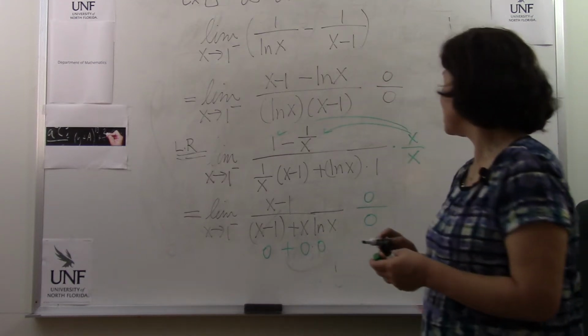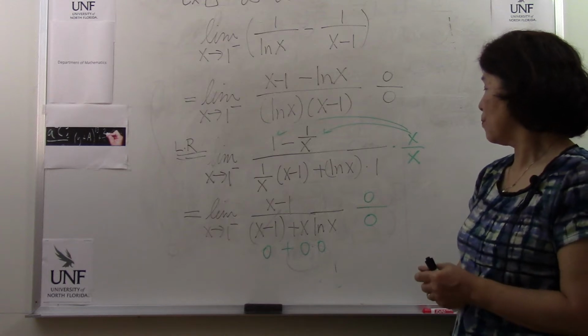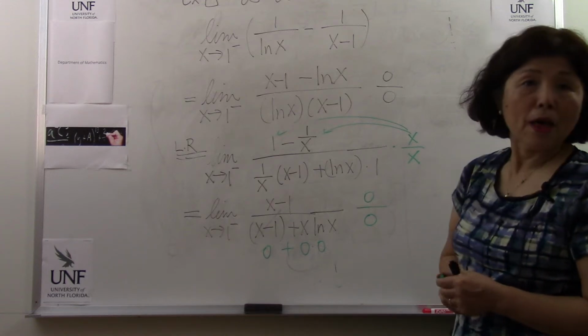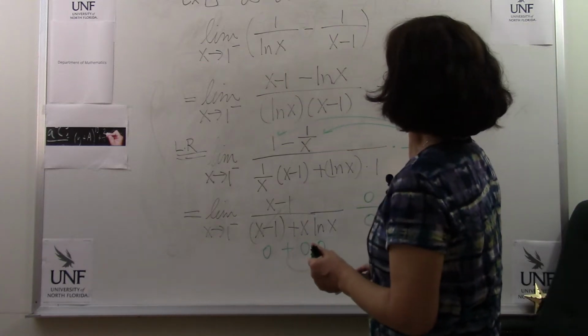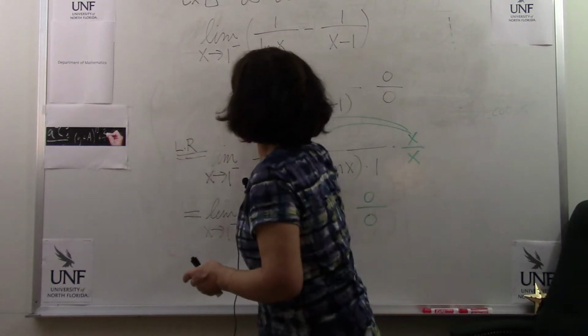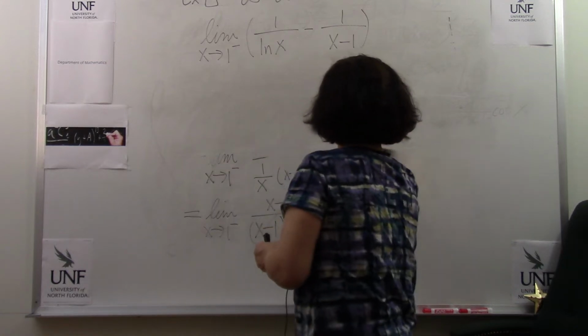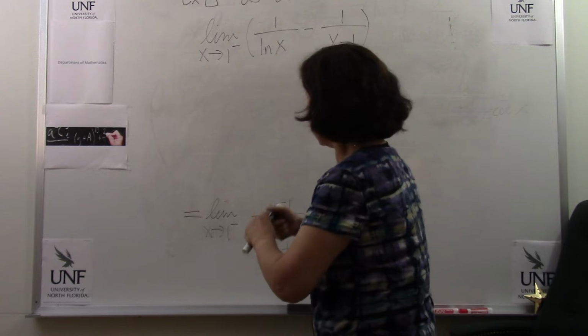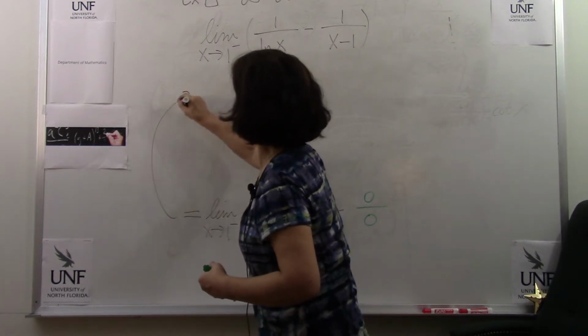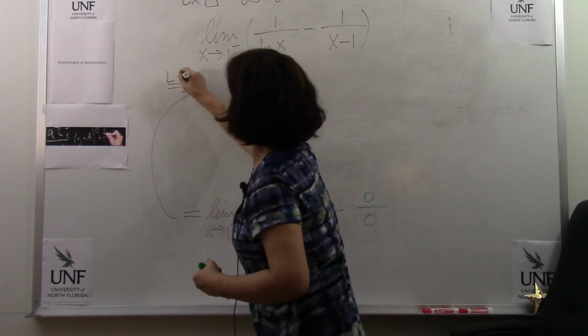So 0 over 0. Oops, we have to use L'Hopital's rule one more time. Okay? So here we go. I'm going to erase this. Okay. Second time around, we are going to apply L'Hopital's rule again.